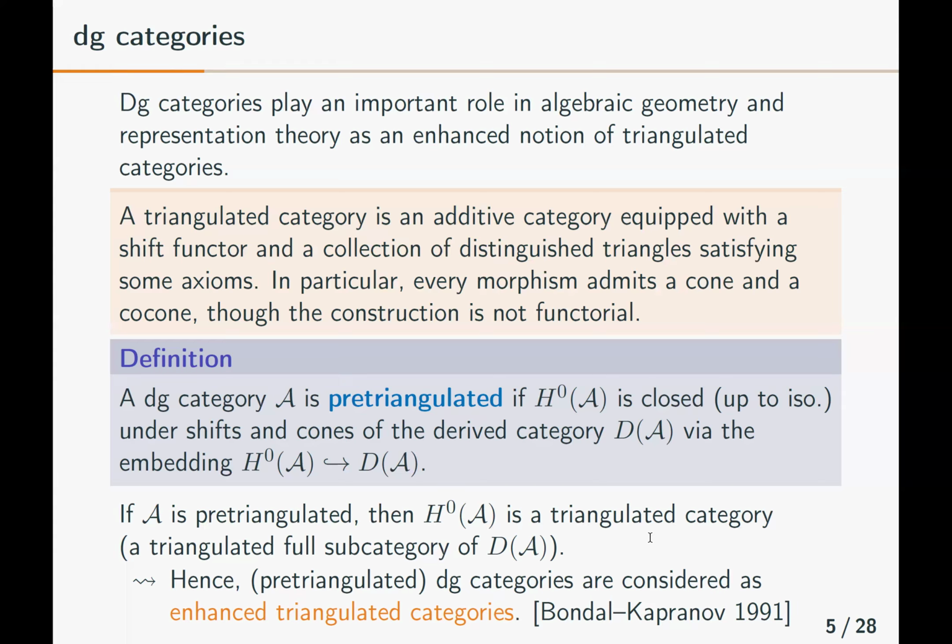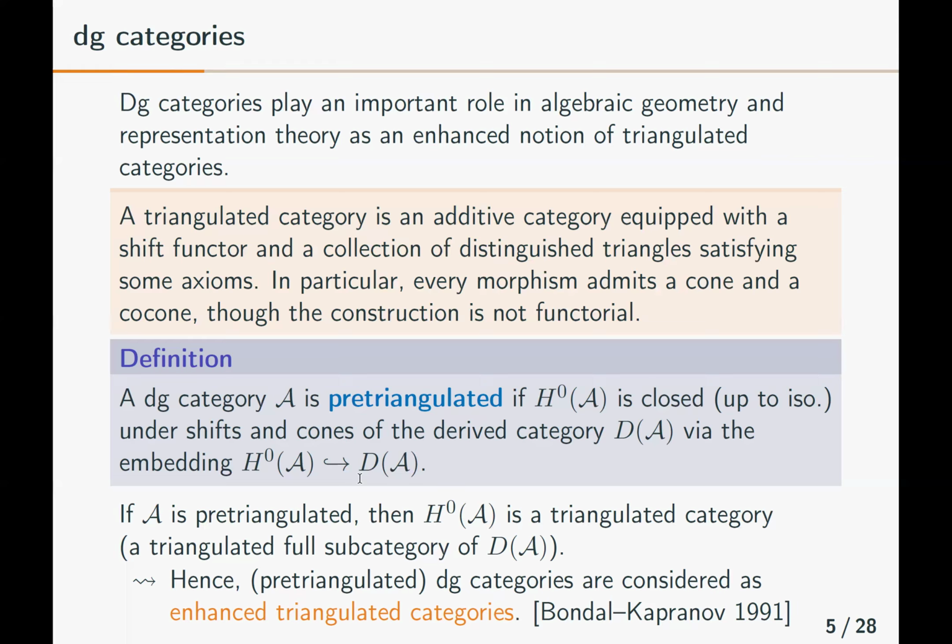A DG category A is called pretriangulated if its homotopy category, H^0 A, is closed under shifts and cones inside the derived category, D(A), where the embedding I just mentioned.